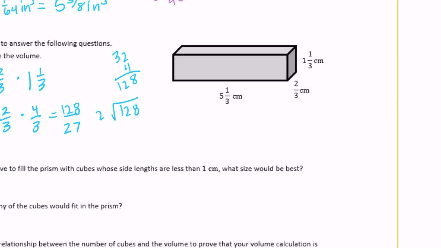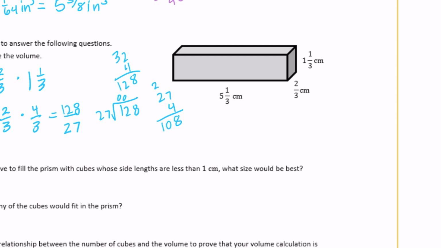So 128 divided by 27. 27 can't go into 1 or 12. 27 is pretty close to 25. So 25 could go into 128 5 times, but 27 is a little bit bigger, so let's try 4. That's 108.